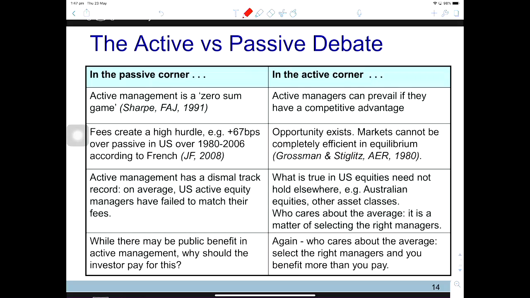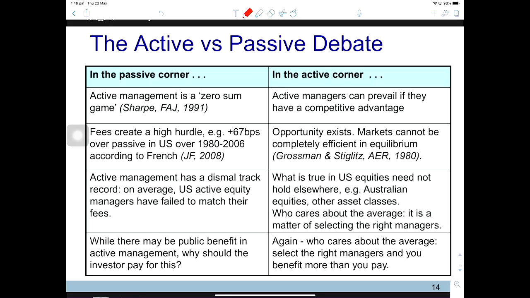Of course, the fee has to be inflated if you're going to choose an active option for the Australian equity asset class. So it's naturally a choice for investors whether to go with the passive index or active product.